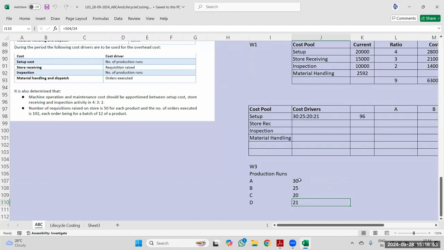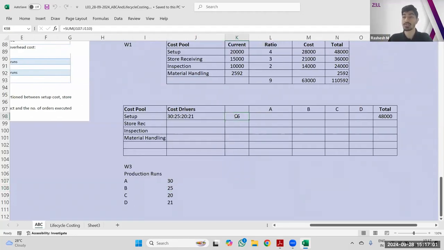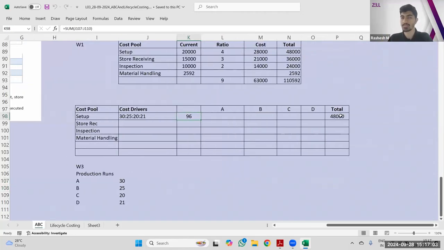Okay, got it. So the number of production runs for A are 30, for B are 25, and so on and so forth. Total production runs in my company are 96, across which we need to split this 48,000. So 48,000 multiplied by 30 by 96. And I'll only do the first one this time, guys.